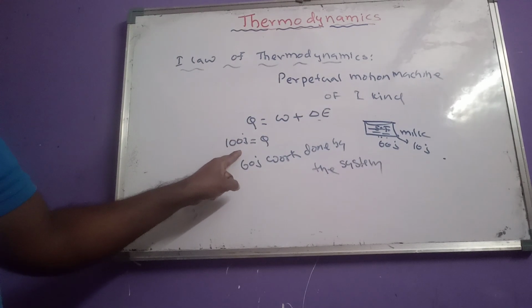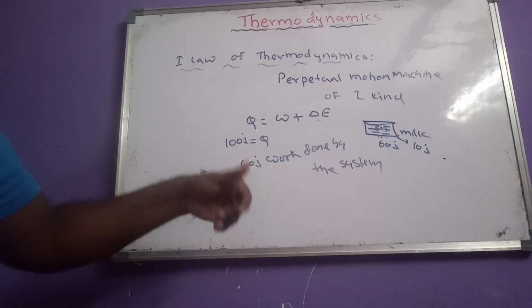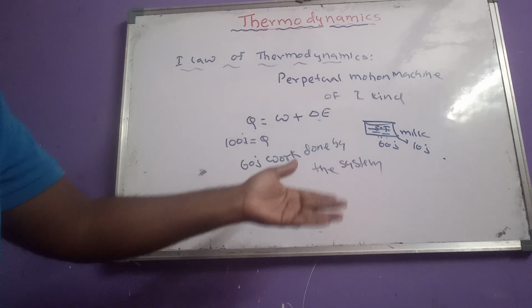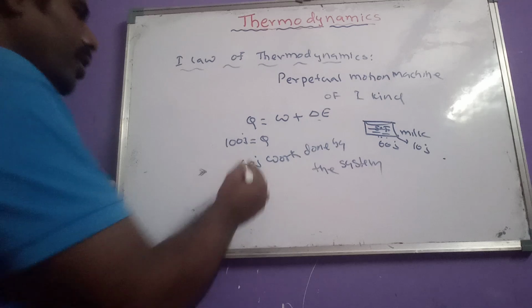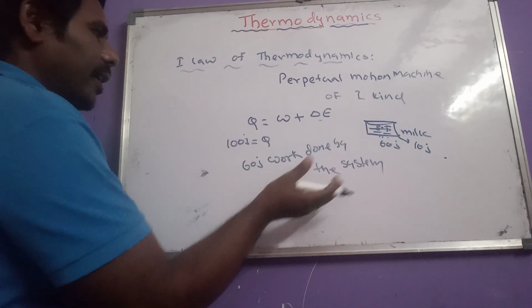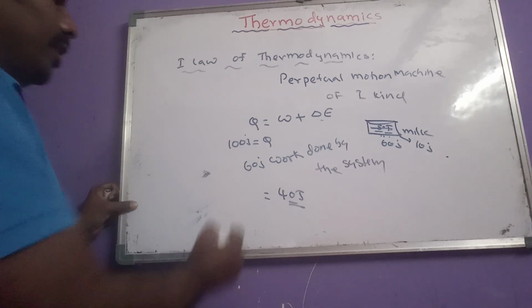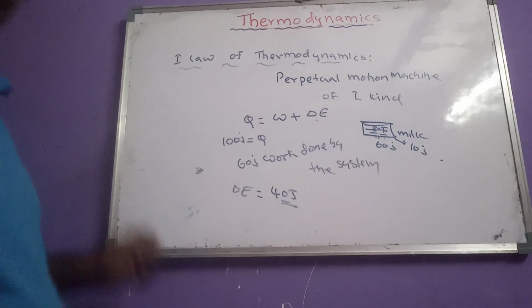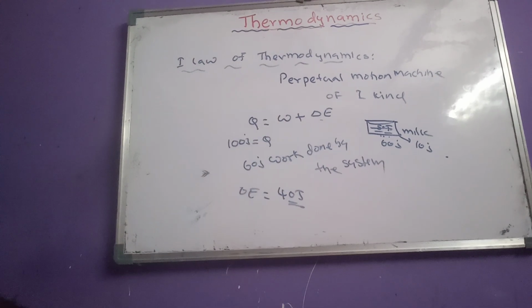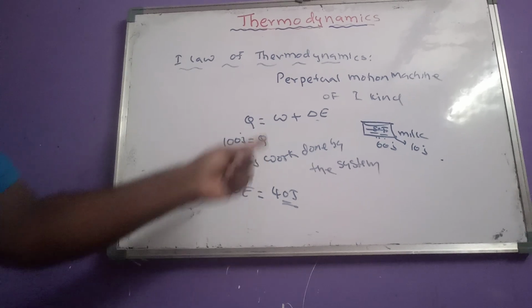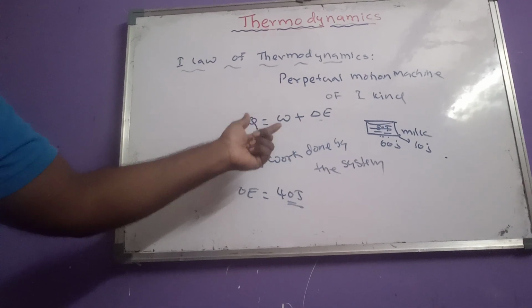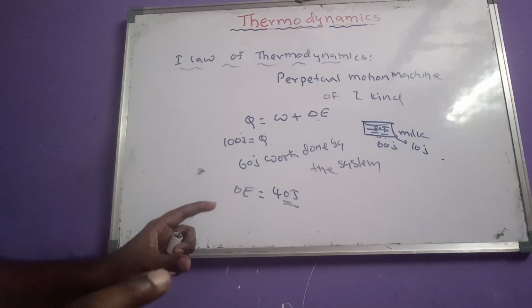Out of 100 joules, 60 joules is used by the system to do the work. Now what is the remaining internal energy? 100 minus 60, that is 40 joules. This is delta E. No need to substitute in the equation because you may get confused whether to use minus or plus. No need to worry about that.